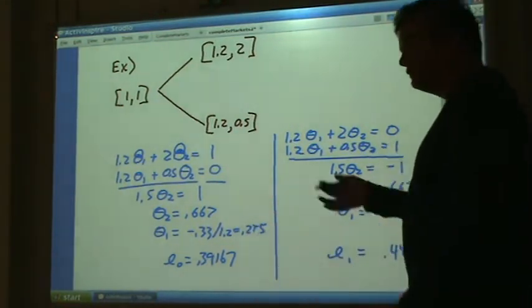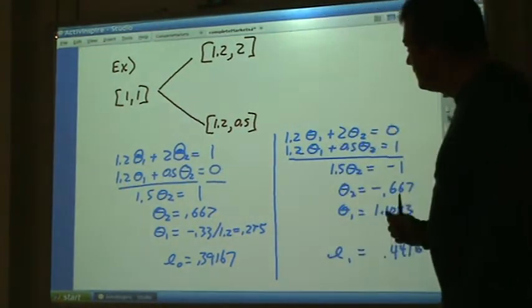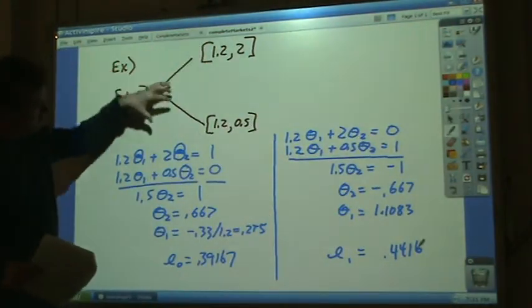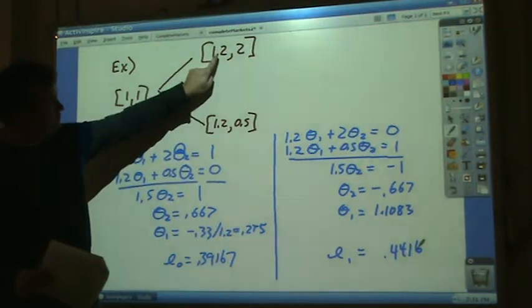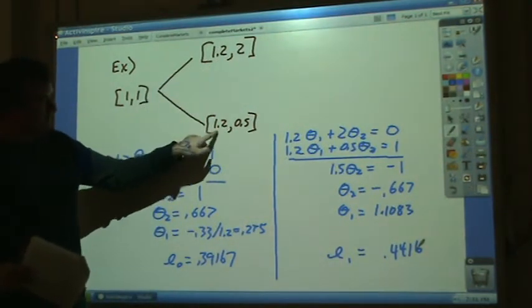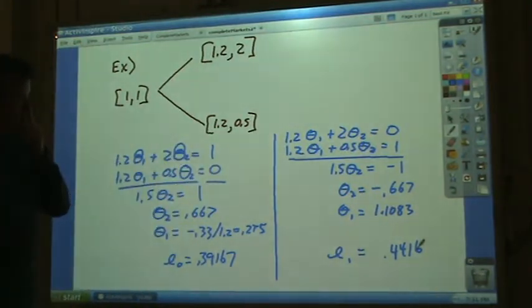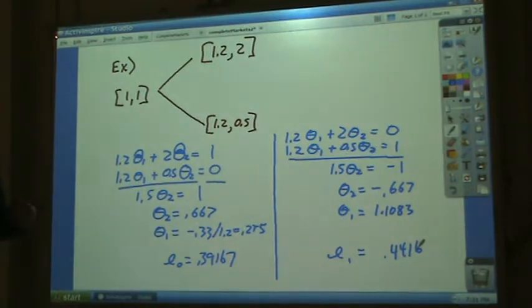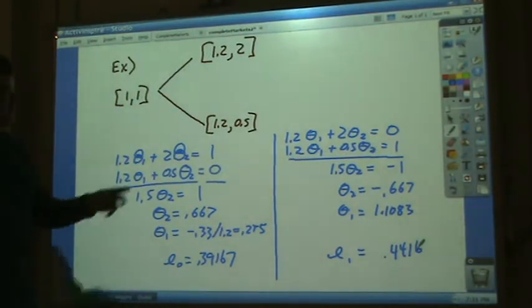Okay, so this is really just another example of what we had done before. We have two securities. The market could go up, the market could go down. If the market goes up, this is what the securities will turn into. And if the market goes down, they'll turn into these prices. We'd like to be able to see if the market is complete. If the market is complete, that means all the elementary securities exist, and in this case there's only two elementary securities.